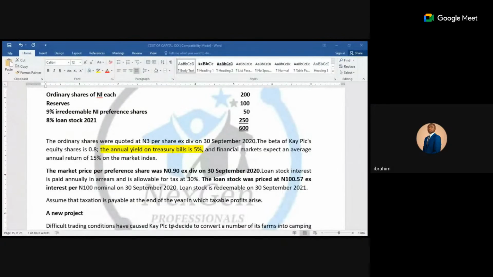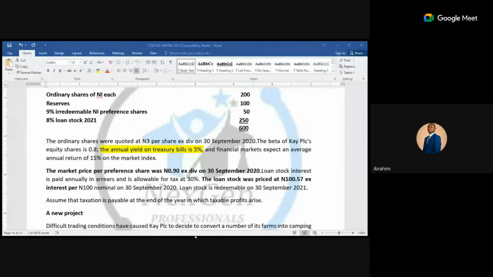On 30th September 2020, the market value ex interest is 100 naira 57 kobo. The nominal price, we should not forget, is the price being placed on a debt. Or if it is shares, the 1 naira you are seeing there, it is what we call nominal.